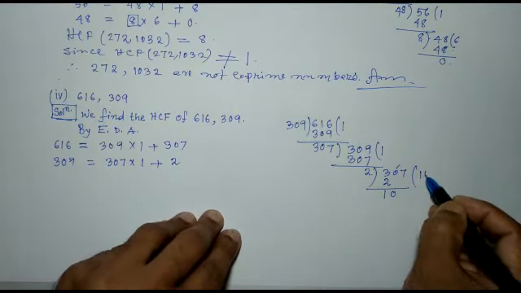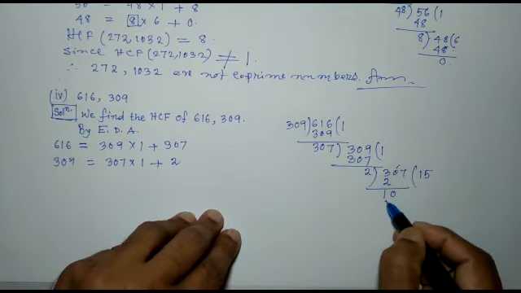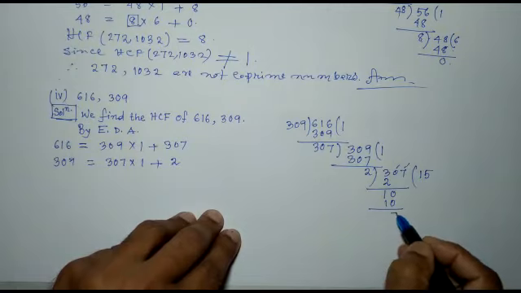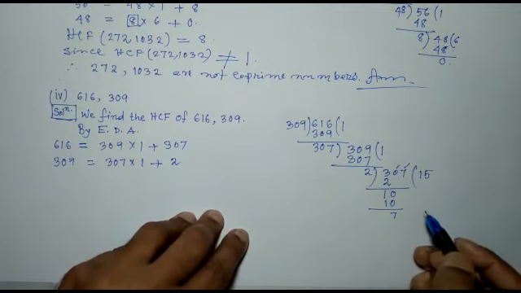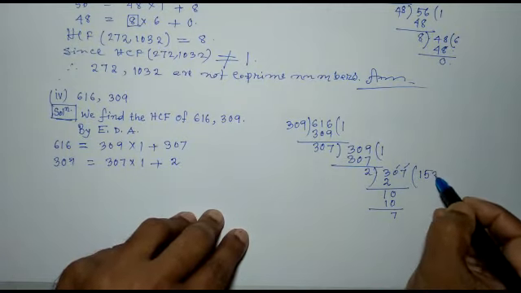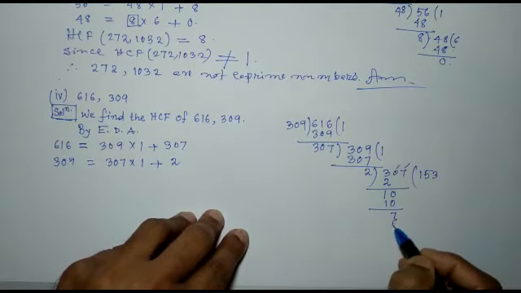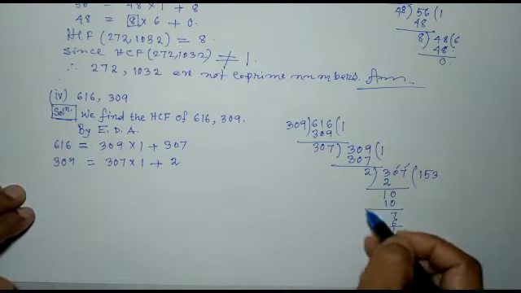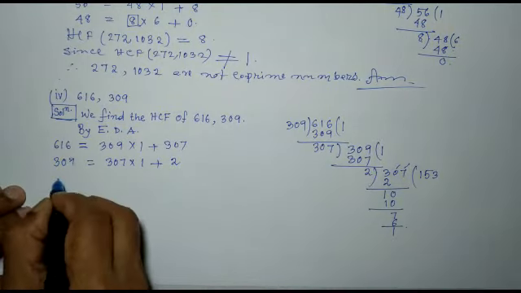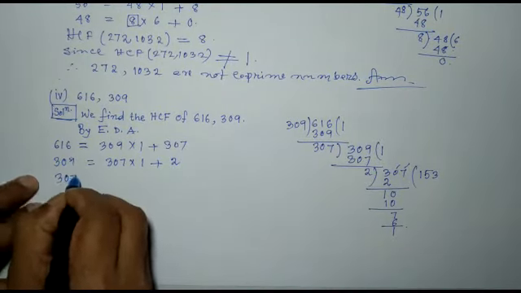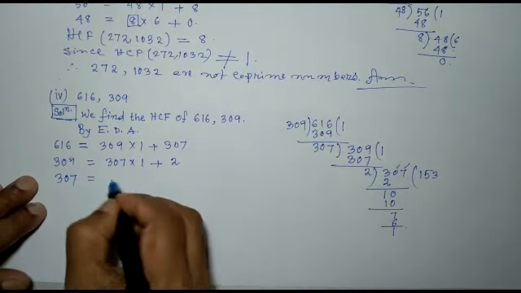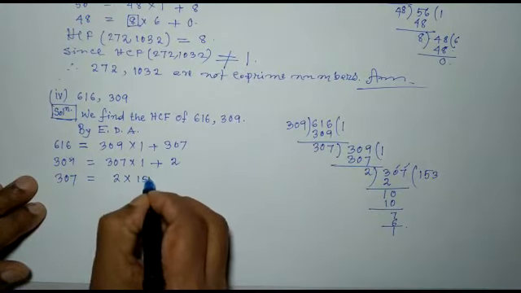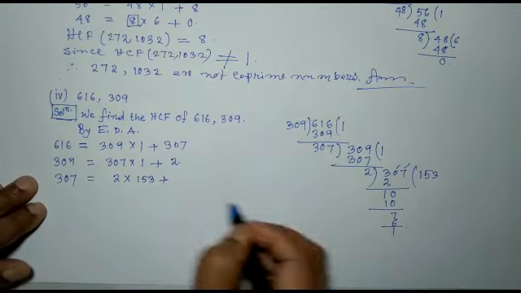How many times? 2 5s are 10, and then bring that 7 down. Then it is 3 times. So 2 3s are 6. Then here is what? 1. So we write for this division: 307 is the dividend, the divisor is 2 and the quotient is 153, plus the remainder is what?